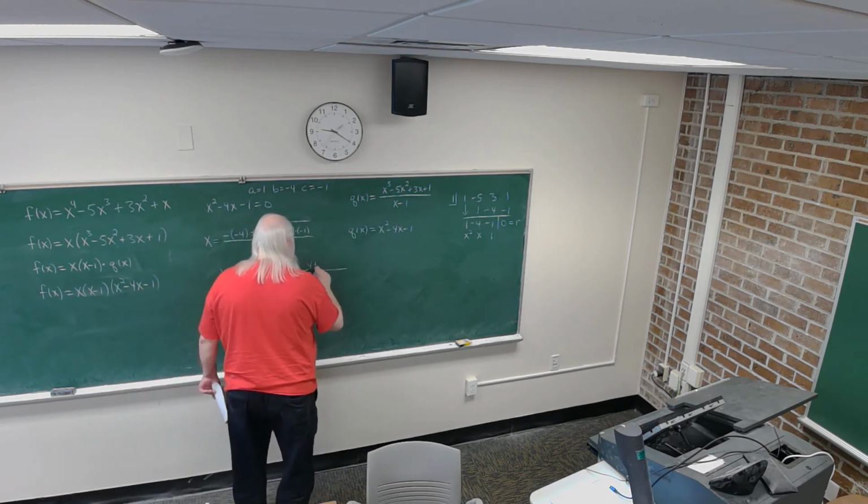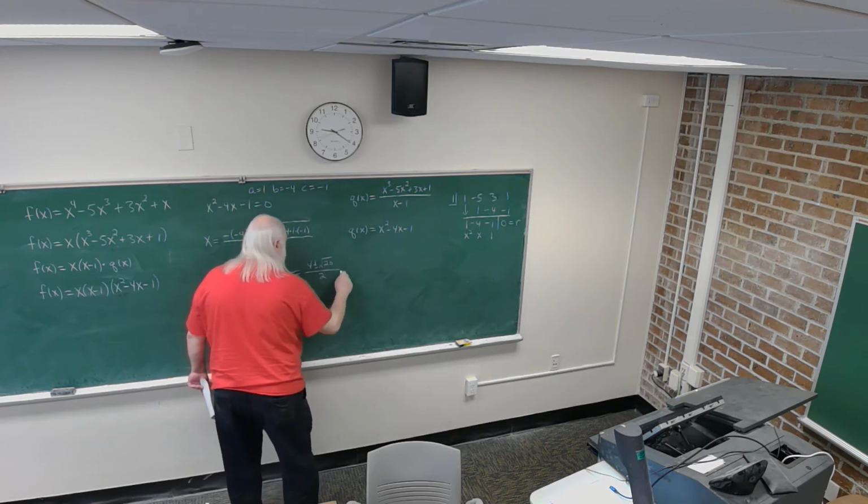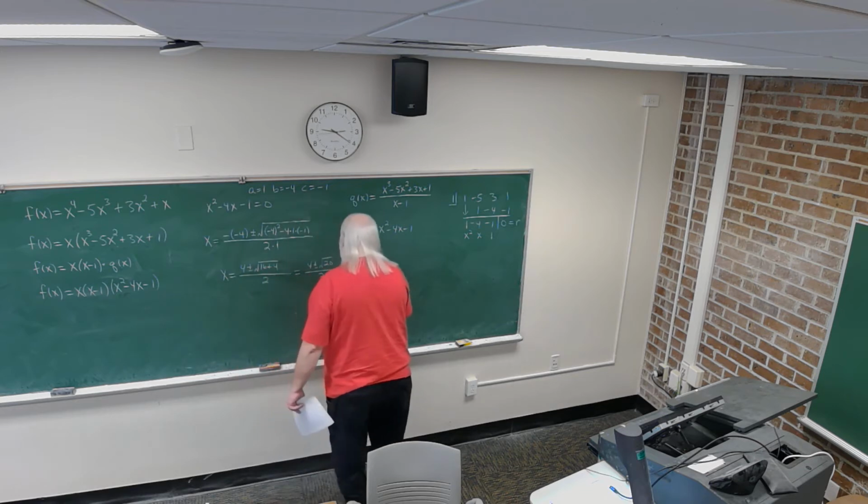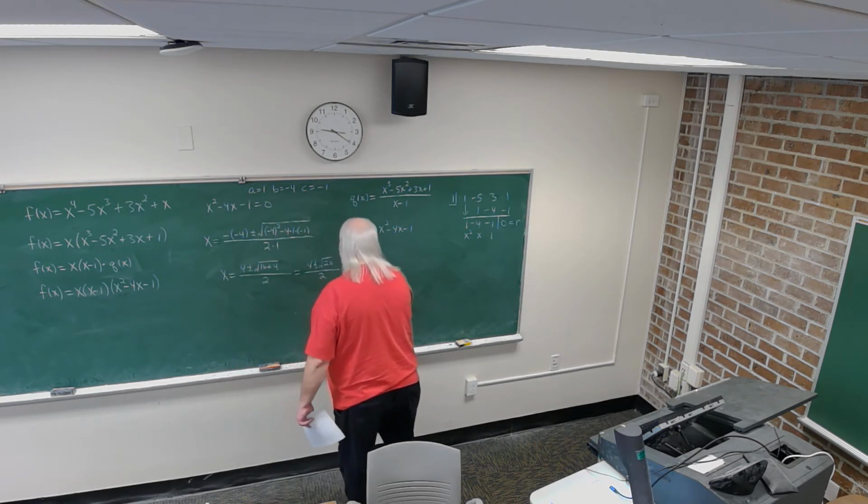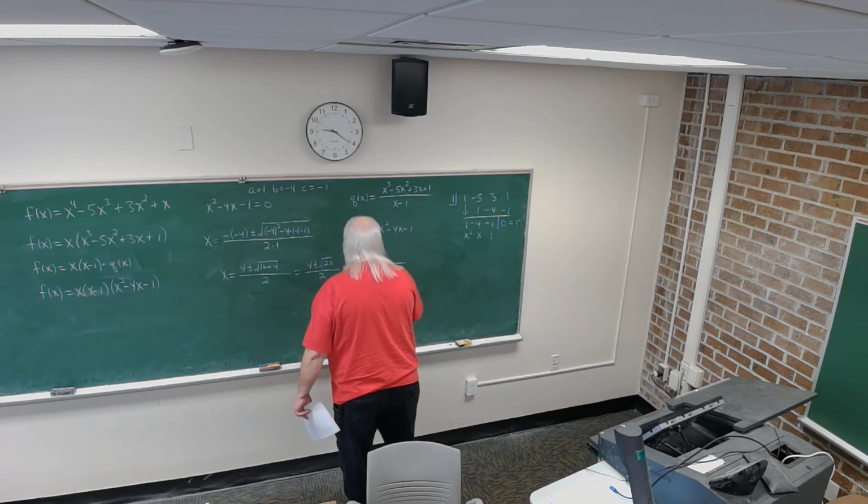So 4 plus or minus the square root of 20 over 2. And the square root of 20 reduces to 2 root 5.